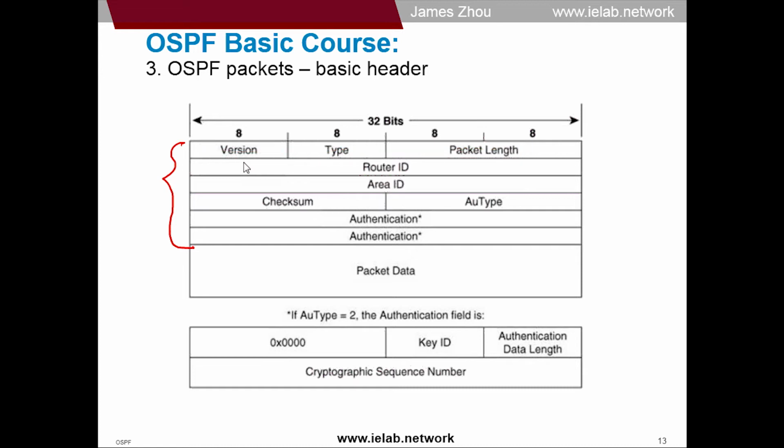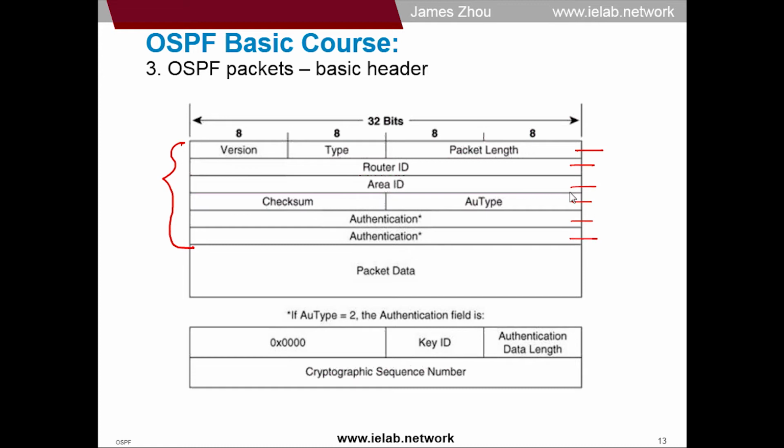If you want to know how many bytes the OSPF basic header has, you just count the lines: 1, 2, 3, 4, 5, 6.